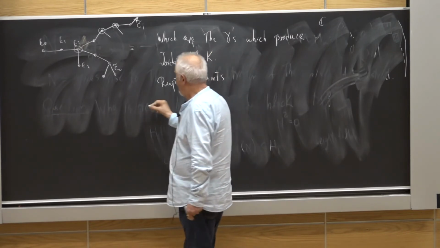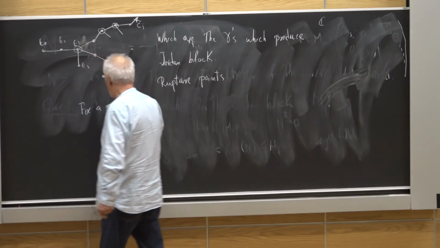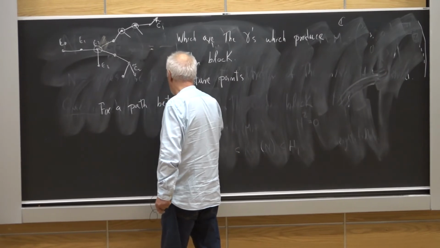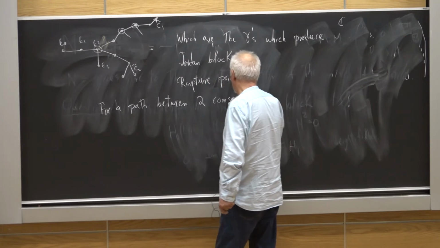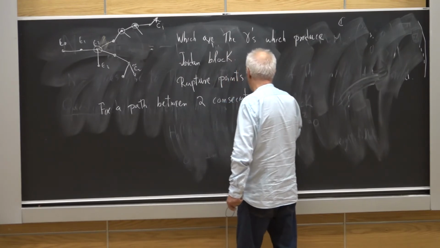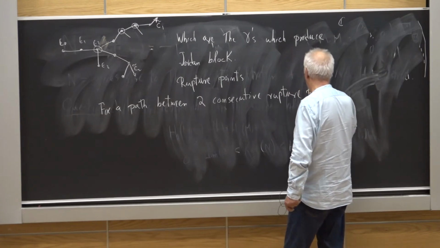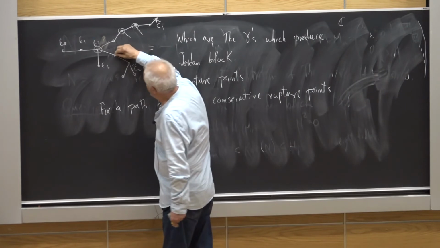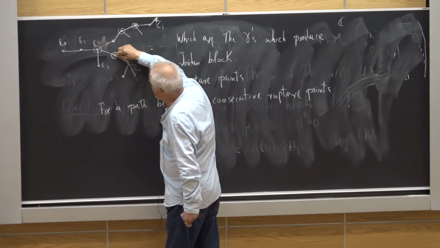So, fix a path between 2 consecutive rupture points. So in this case, it would be something like this. No? So we have this one and this one. So we would choose this path over here.